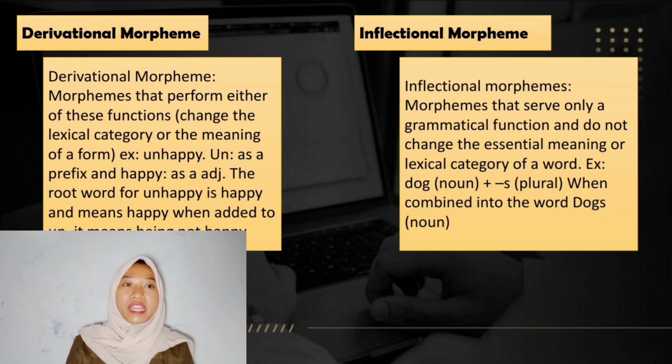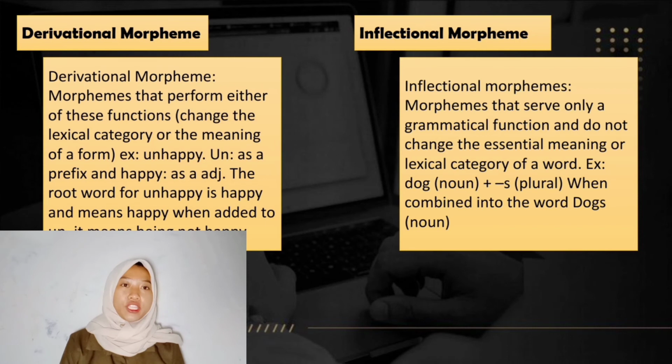Example, unhappy. Un is a prefix and happy is an adjective. The root word of unhappy is happy, and it means happy. When added to un, it means being not happy.